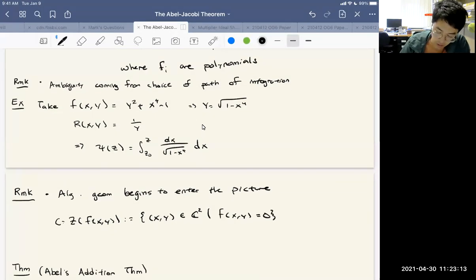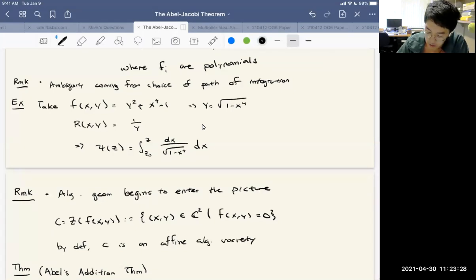And I'll probably call this C throughout the talk, this 0 locus. So by definition, C is an affine algebraic variety. And in particular, it's a curve. So it's an affine algebraic variety of dimension 1. So I think in Lisa's talk, she mentioned such a thing.